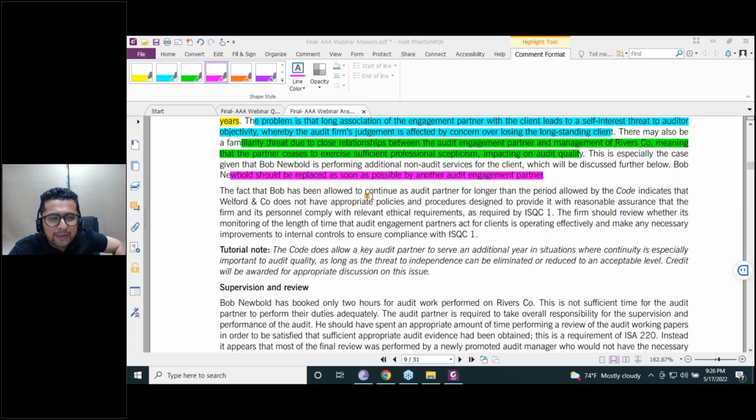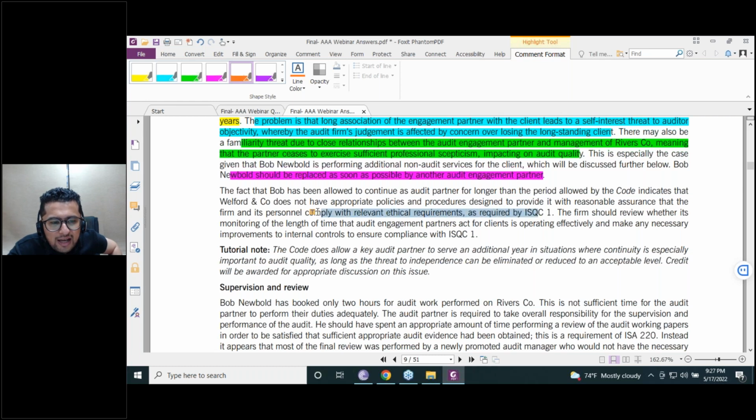The fact that Bob has been allowed to continue as an audit engagement partner for more than 7 years indicates that the audit firm does not have appropriate policies and procedures designed to provide reasonable assurance. So this is not in line with ISQC 1. So the firm should review whether monitoring of the length of time of the audit engagement partner is operating effectively or not.